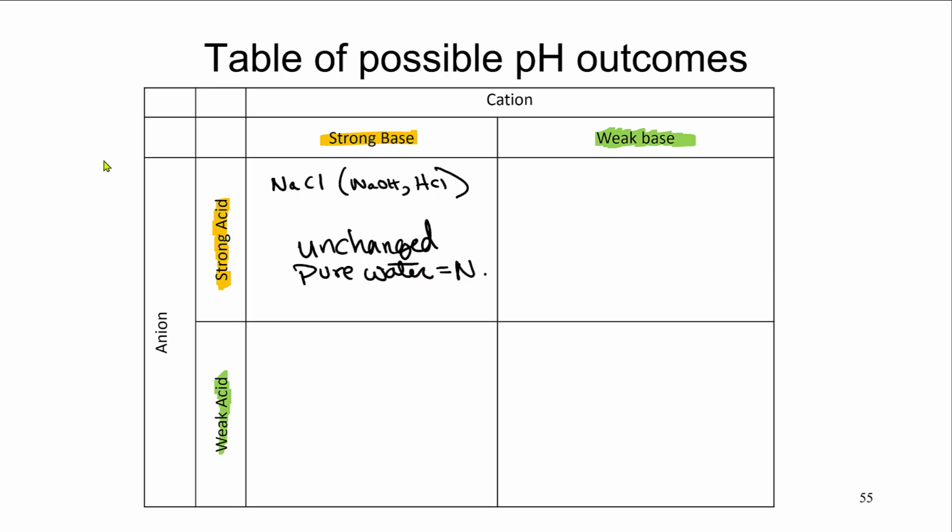So let's talk about the cation coming from a weak base, so that would be ammonium chloride, for example. That's a weak base cation and a strong acid anion. This would come from, for example, ammonia and HCl. It's the product of that reaction.